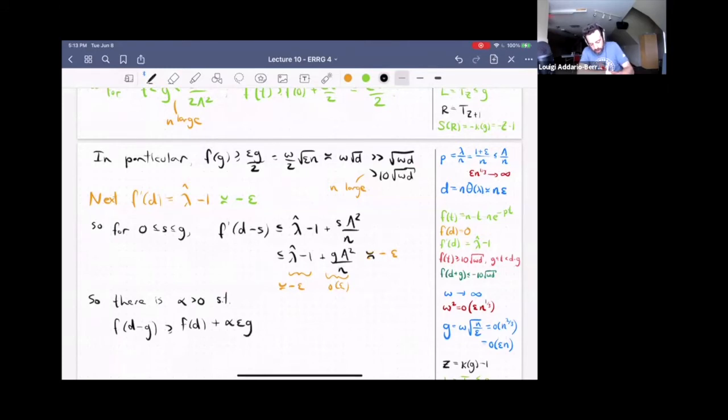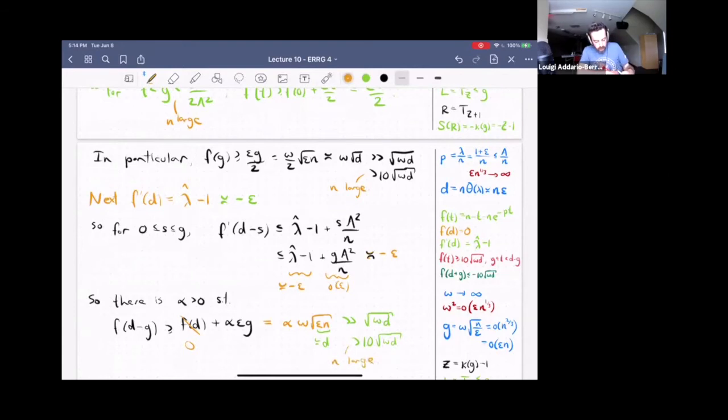Just using the definition, f of d is 0, and g is written over here. So when I multiply by epsilon, I get alpha omega root epsilon n, and again this is of order d, and so this whole thing is much bigger than the square root of omega d, and in particular is bigger than 10 root omega d for n large.